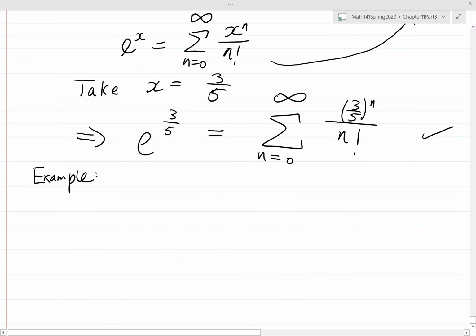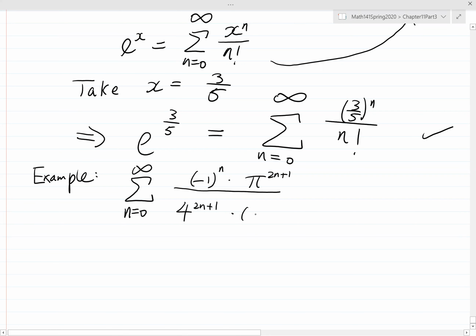This example. n from 0 to infinity, -1 to the power n times pi to the power 2n plus 1 over 4 to the power 2n plus 1 times 2n plus 1 factorial. Here you see 2n plus 1 factorial. They are all odd.